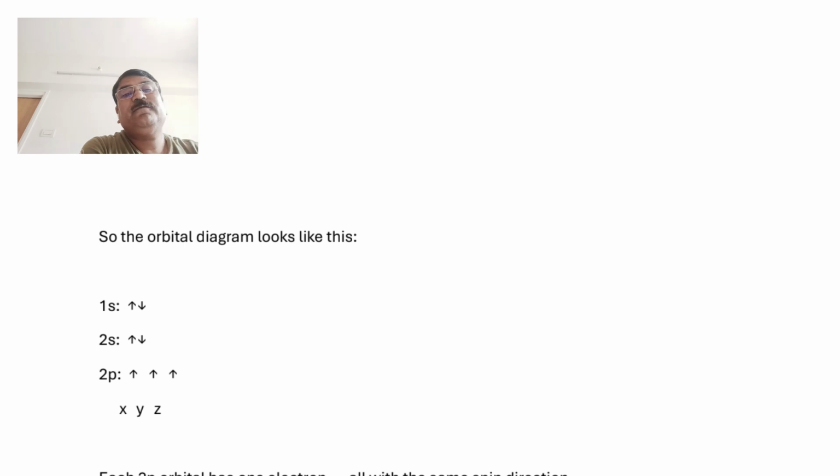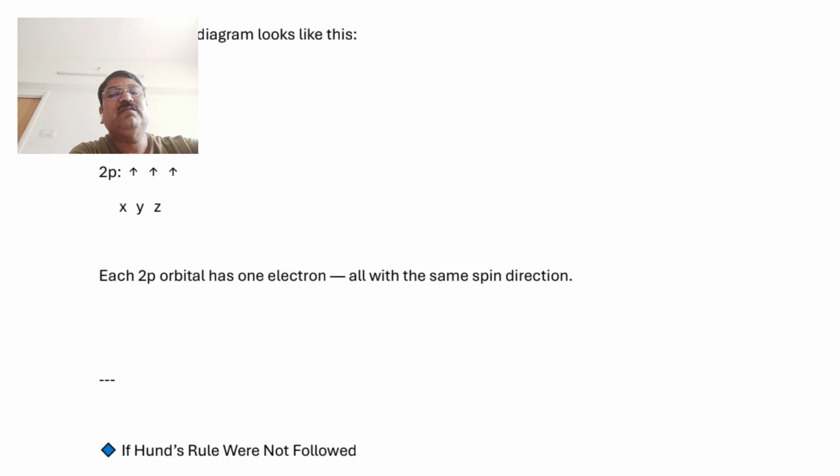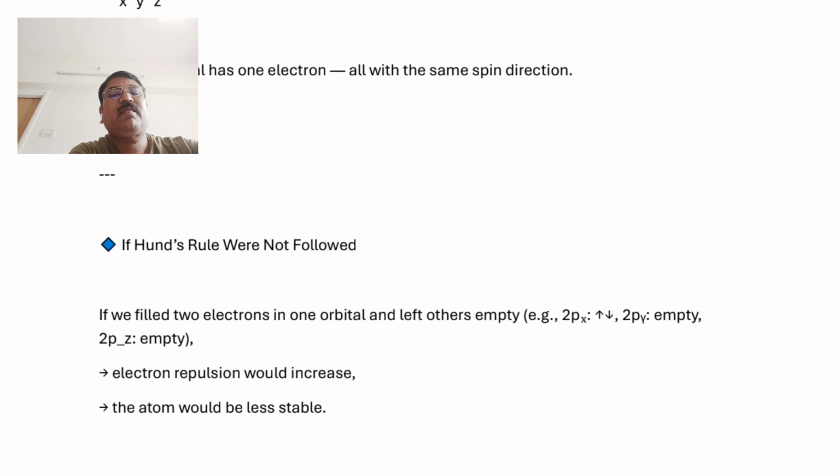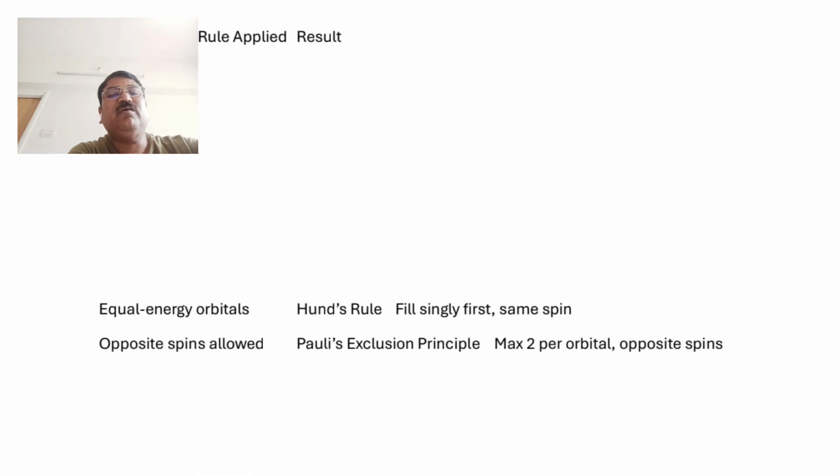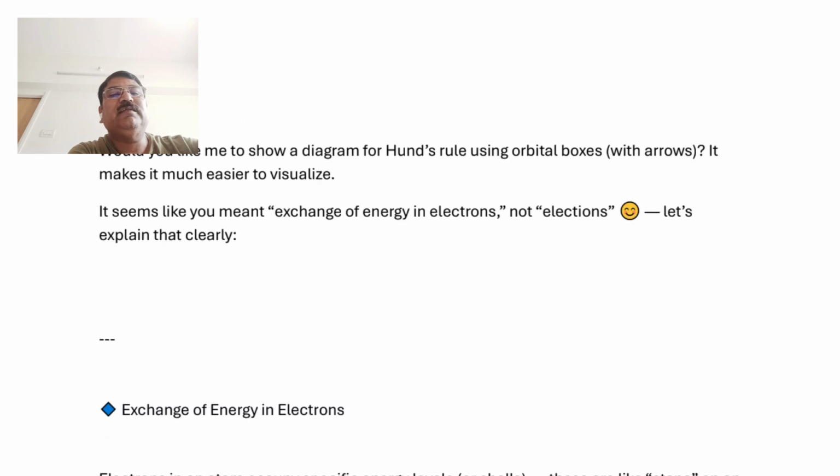In the case of 2p, px, py, and pz each contain one unpaired electron, and all these 3 electrons have parallel spin. So nitrogen has such an orbital diagram, according to Hund's rule of maximum multiplicity, which gives the filling of electrons as observed.